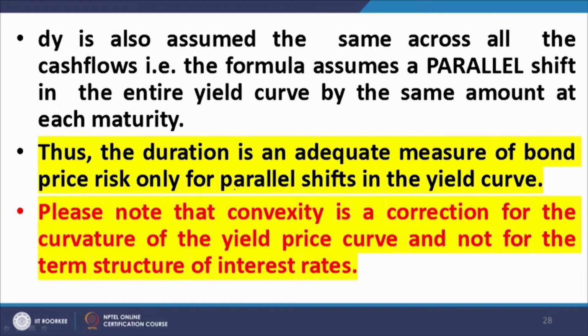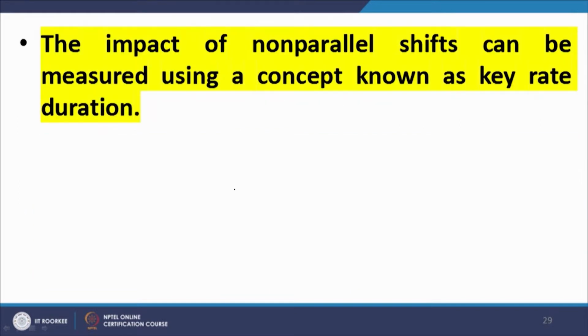Please note that convexity is a correction for the curvature of the yield price curve and not the spot yield curve or the forward yield curve, as the case may be, and not for the term structure of interest rates. The impact of non-parallel shifts can be measured using a concept known as key rate duration.